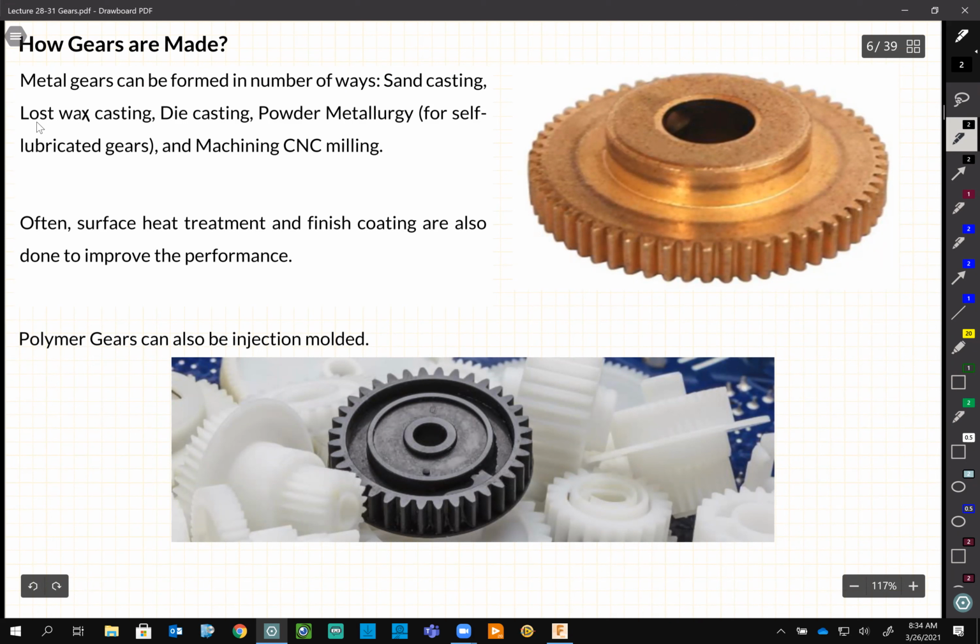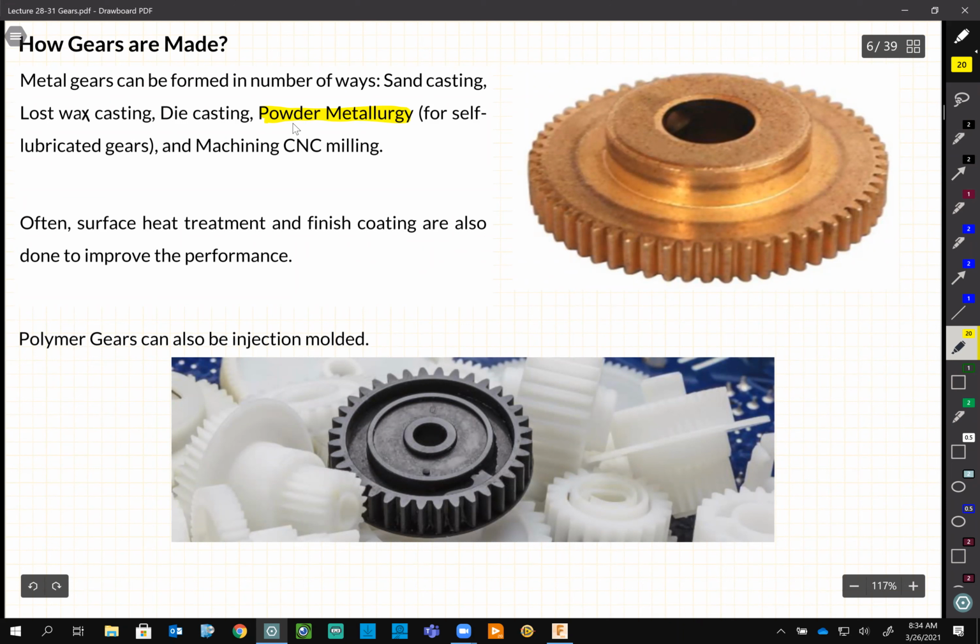So lost wax or investment casting, die casting, and powder metallurgy, which recently has been very common. Again, that's one of the good things for your future career. You guys in manufacturing, maybe powder metallurgy, finding more and more market because you're wasting less material.